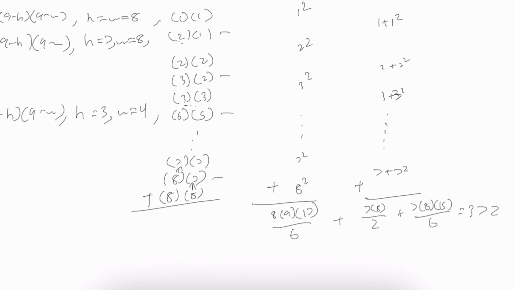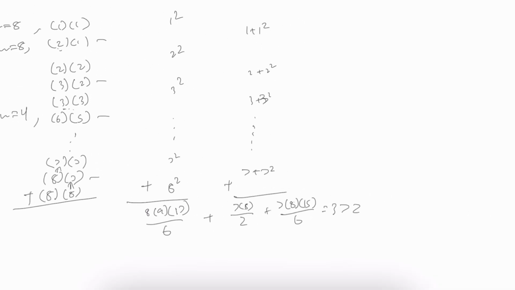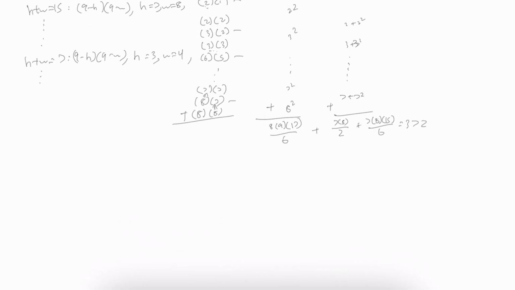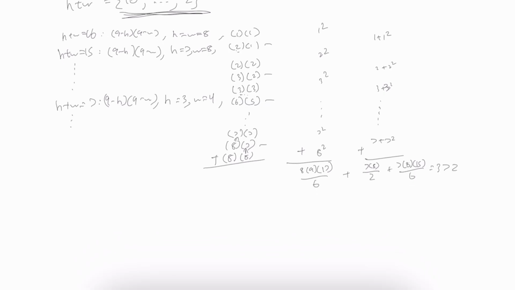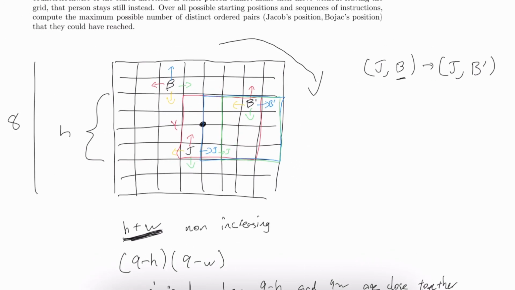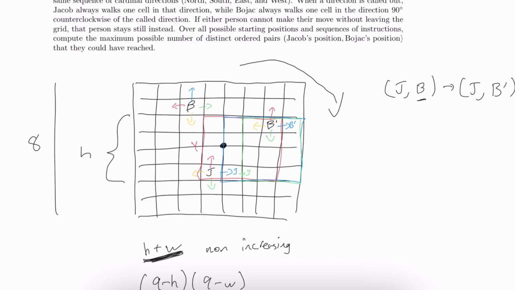And because of the structure that we're only decreasing one number by 1 every time we decrease h plus w, we can actually reason that this upper bound is achievable by starting with an 8 by 8 square.